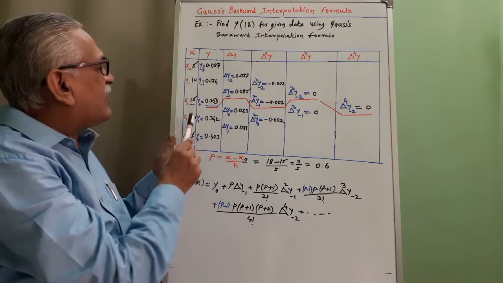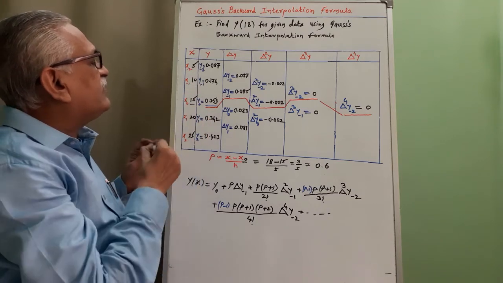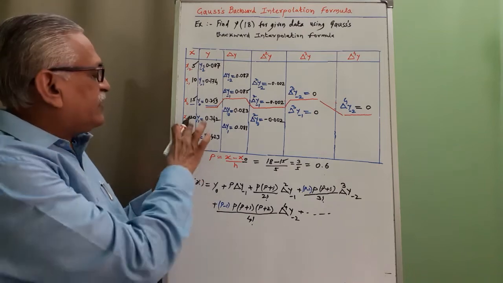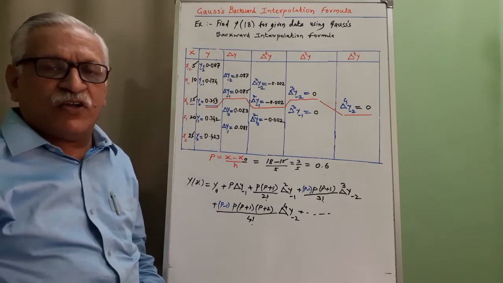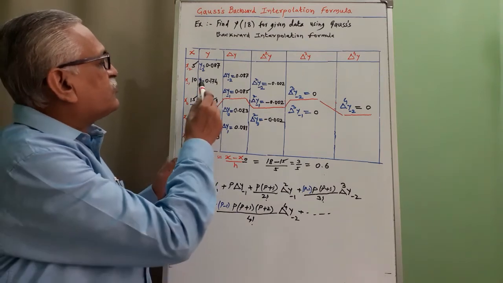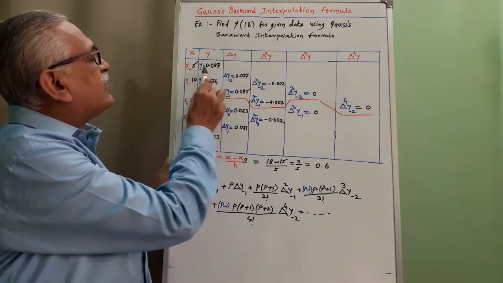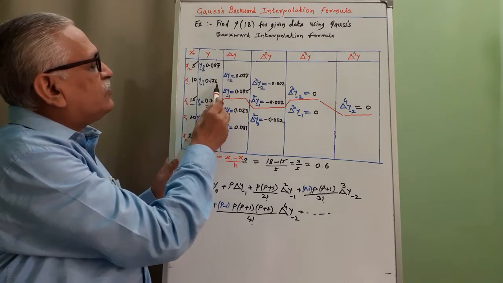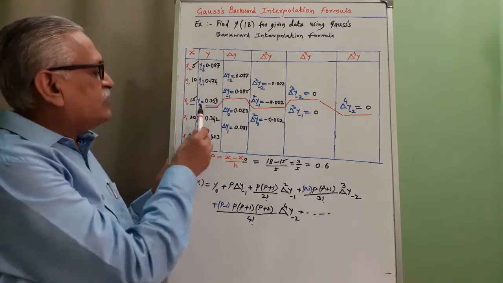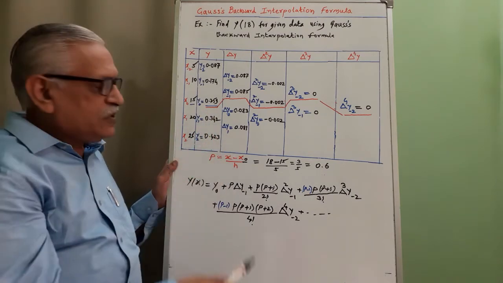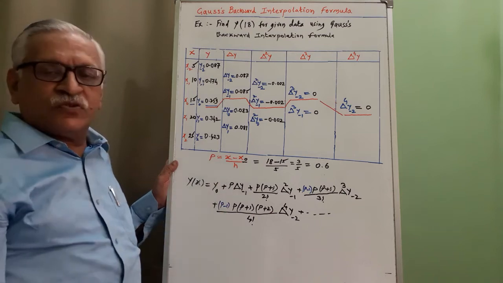Values of x are 5, 10, 15, 20, 25, with a difference of 5 between two successive values, equidistant, equispaced, and the corresponding values are 0.087, 0.174, 0.259, 0.342 and 0.423.